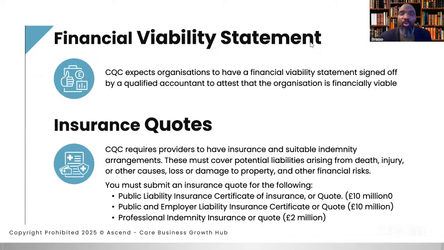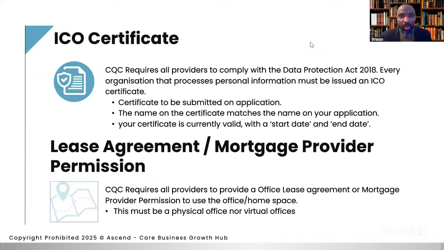Where we are now, we've spoken about the location, the office bearers, the nominated individual, and the registered manager. We've spoken about the DBS applications, the statement of purpose, and a very, very important document, the business plan, the financial viability form, and all these quotations. They form part of preparing to register with CQC, depending on which business you want to apply for.